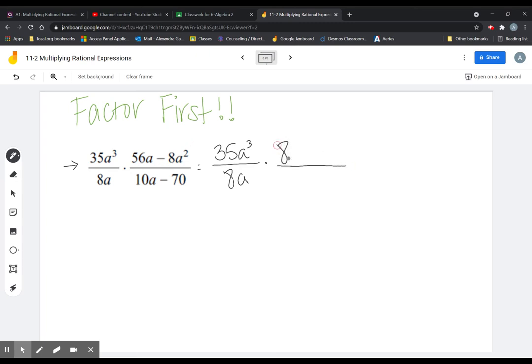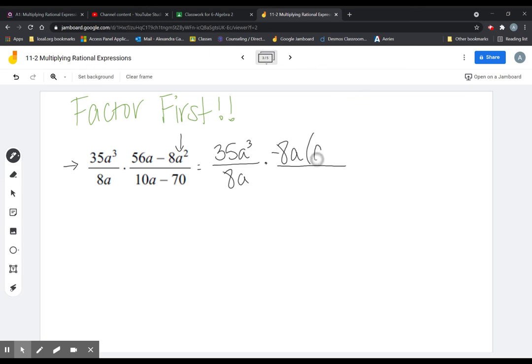I can factor out an 8. And then a and a squared, I can take out an a. And then in this case, since the a squared's not in the front, I want it to be in the front, so I probably want to take out a negative as well.